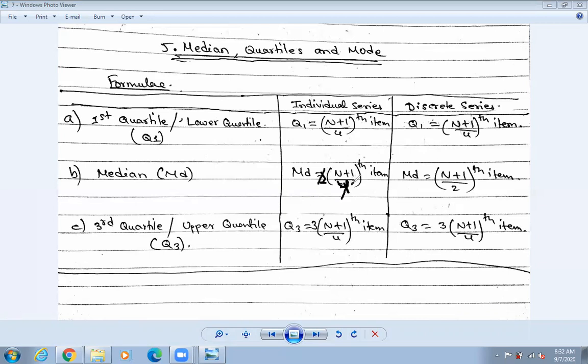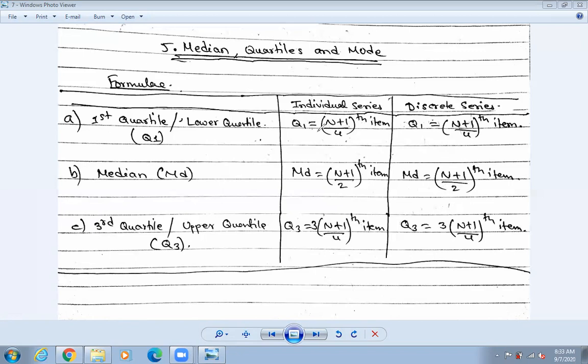Since 2 divided by 4 gives 2 in the sense of cancelling, instead of writing all other numbers, we will write down 2. I already explained this in class, that's why I directly wrote 2 over here.